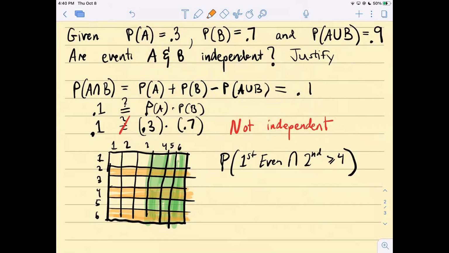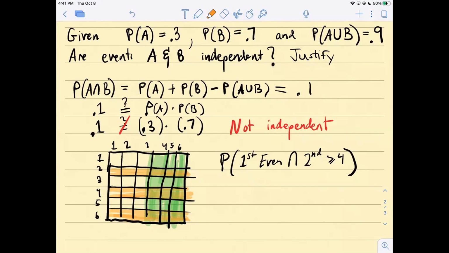And because they're independent, originally I have the orange bars, which are half, and that gives me 18 squares. Because I know that 4, 5, 6 on the second row is independent of whatever I got on the first row, it's going to be exactly half of the 18 squares.